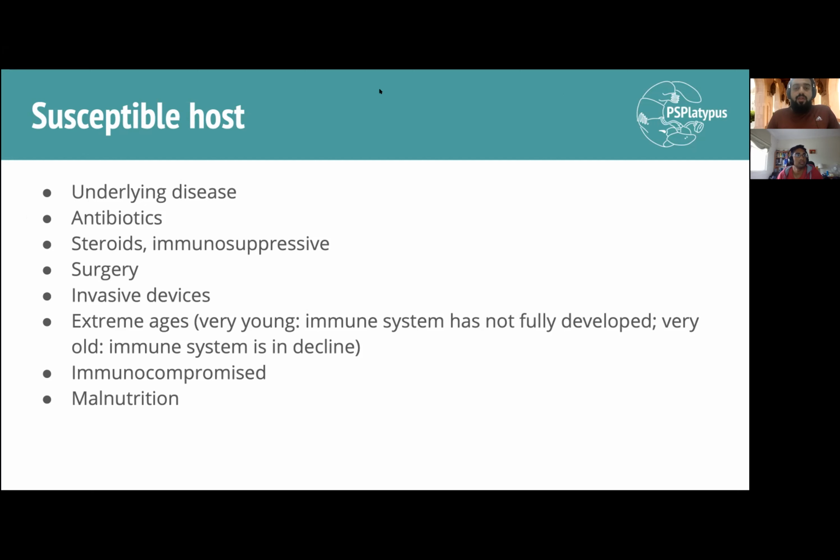Also, young people and old people, their immune system is considered to be weak, so they are highly susceptible to getting these infections, and then immunocompromised. For example, people who are HIV positive, and then malnutrition.